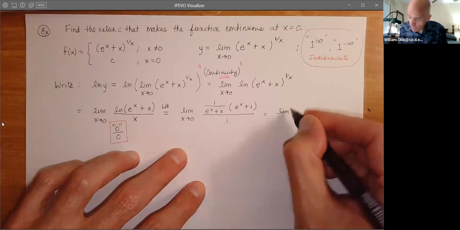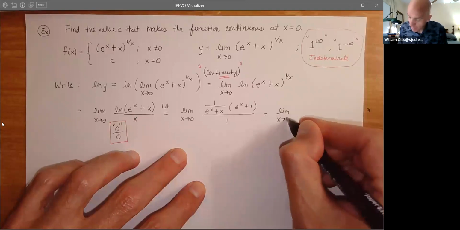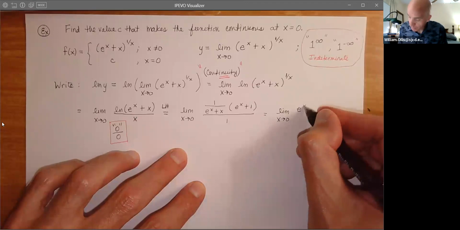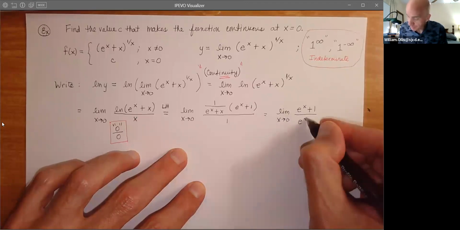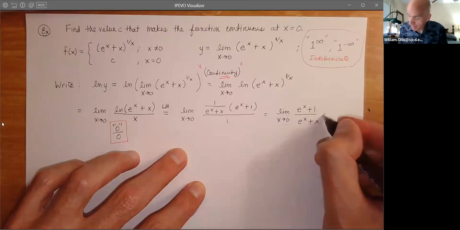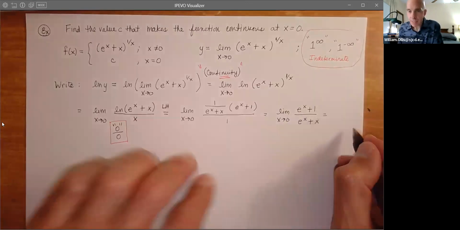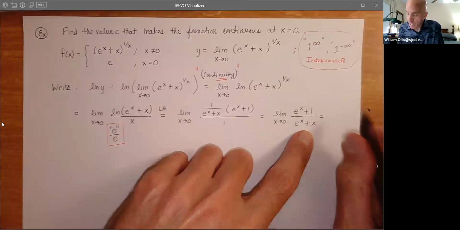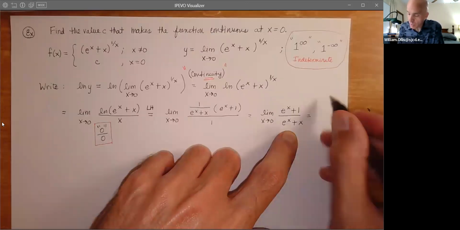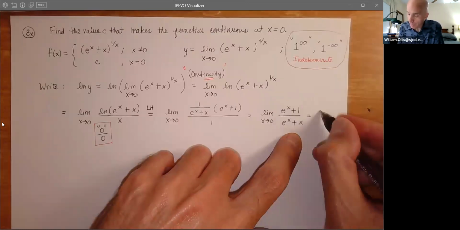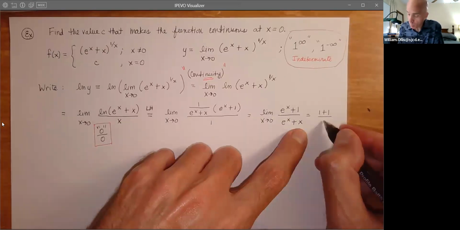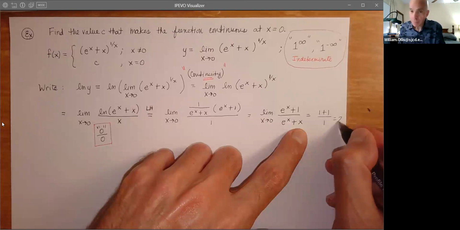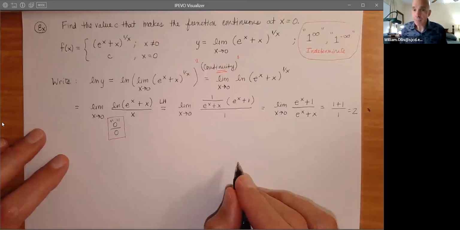So we have the limit as x approaches 0 of (e^x + 1)/(e^x + x). And now, of course, we can pass to the limit. We just get upstairs e^0 + 1, so this is 1 + 1. And downstairs, we just get e^0 + 0, which is 1. So we get 2, which is a bona fide limit.